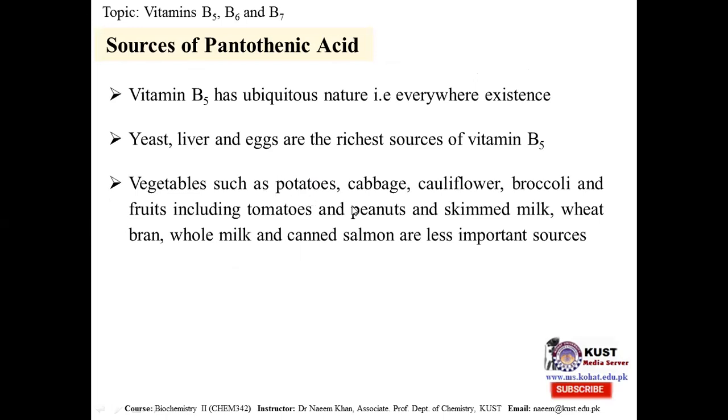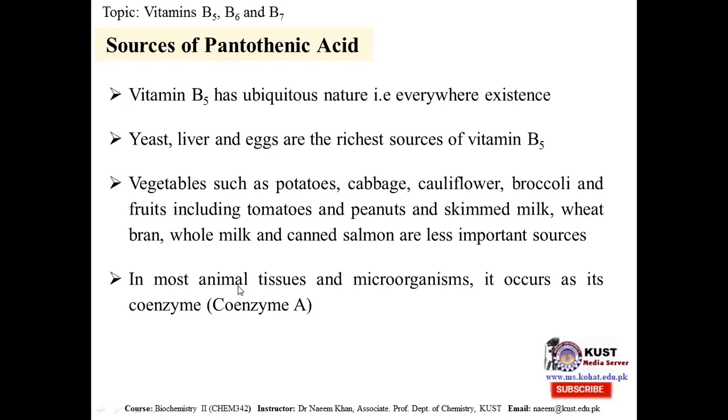Vegetables such as potatoes, cabbage, cauliflower, broccoli, and fruits like tomatoes, peanuts, and skimmed milk, wheat bran, whole milk, and canned salmon are less important sources. They are not that common sources of vitamin B5.